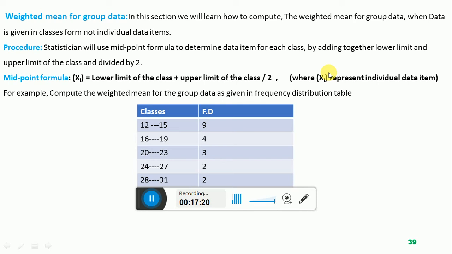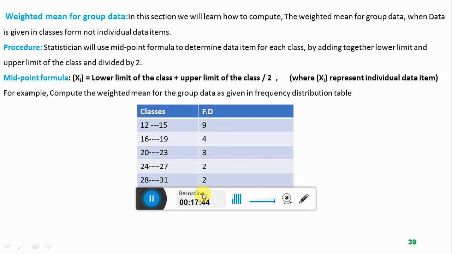So I am putting one example of how we can compute the weighted mean for the group data using the midpoint formula. For example, compute the weighted mean for the group data given in the frequency distribution table. In this example, we have the data table, which is a frequency distribution table.